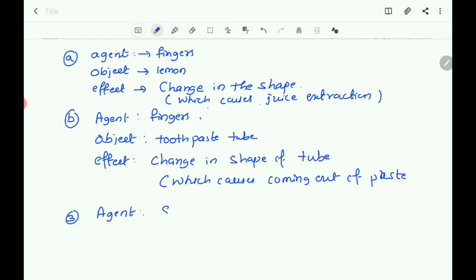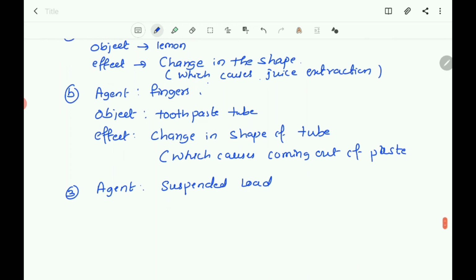Agent, suspended load, and object, the suspended load exerts a force on the spring here. So here the object is spring, and next effect is, that is in the form of elongation of spring.